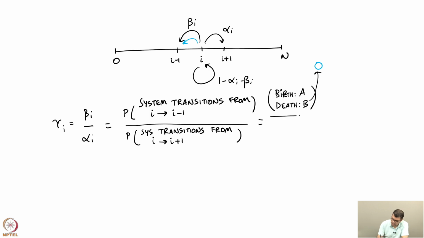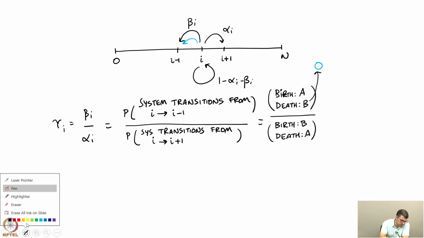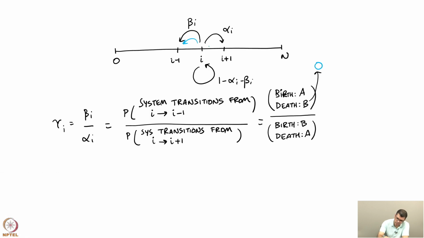Alternatively, the I to I plus 1 transition will only take place if the birth event is of B type and the death event is of A type, and hence the number of blue type individuals in the population increases by 1 and goes from I to I plus 1.